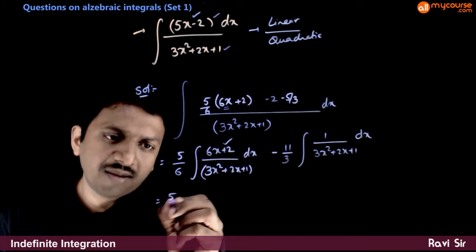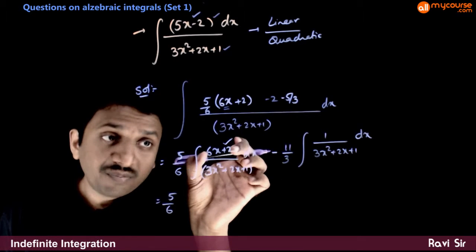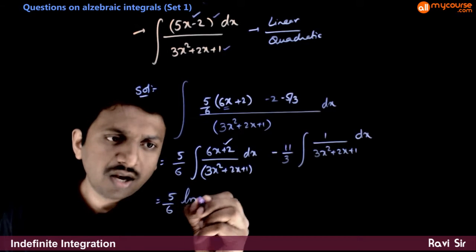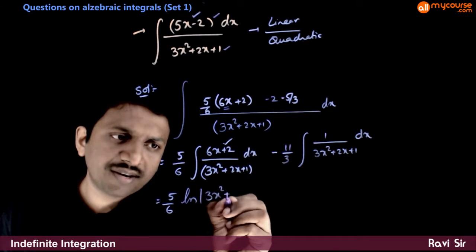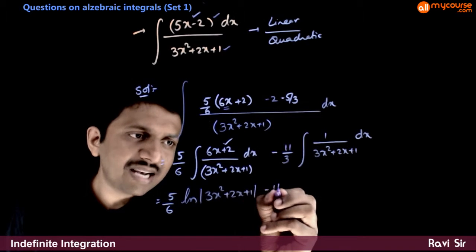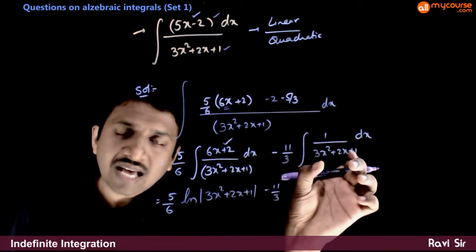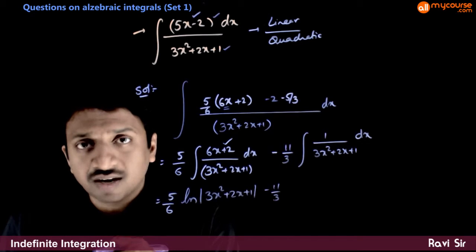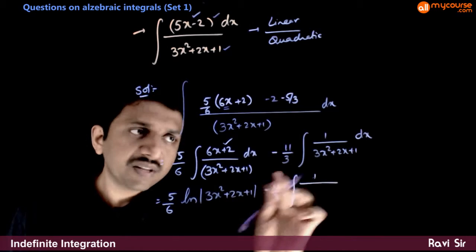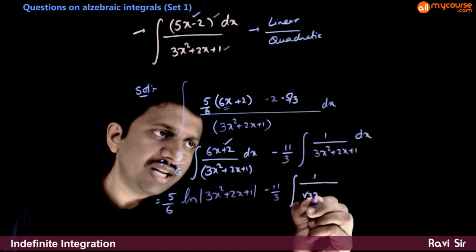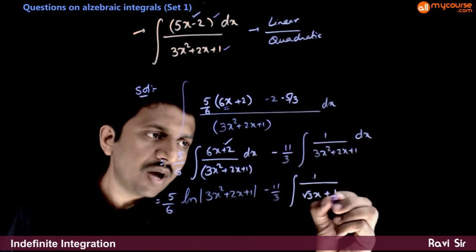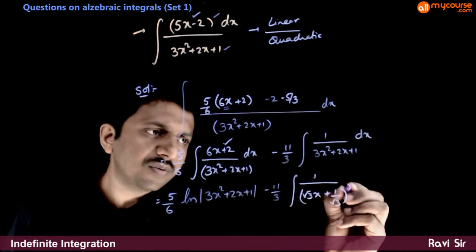So that is equal to 5 by 6 times, this is of the form f dash of x by f of x dx. So the answer is log mod (3x square plus 2x plus 1), log mod f of x, minus 11 by 3 times. This has to be integrated in the general process by completion of squares. So integration of 1 by, this can be written as (root 3x plus 1 by root 3) whole square.